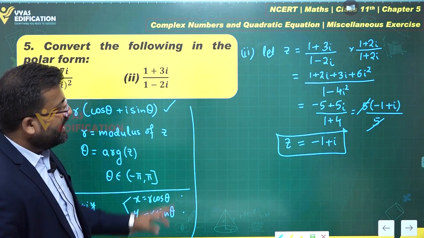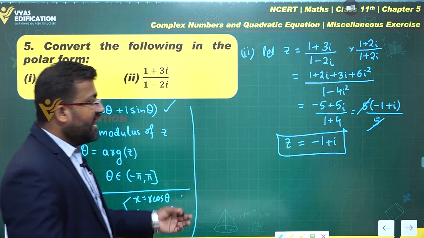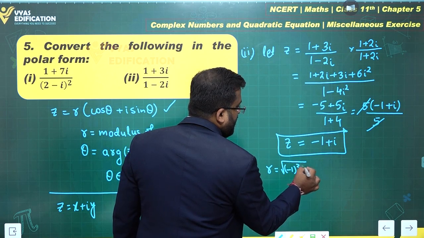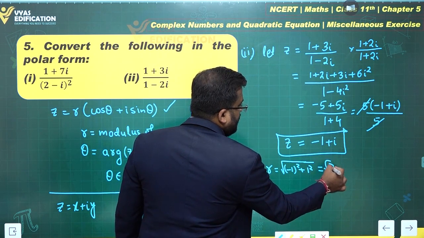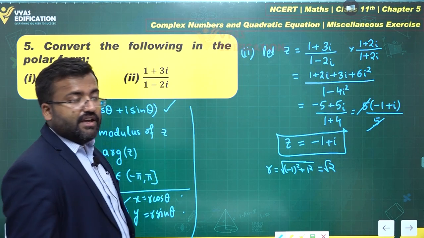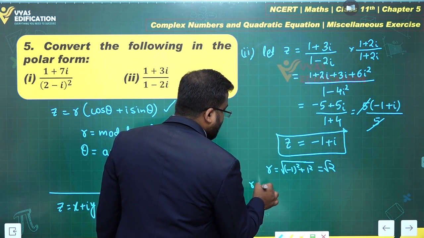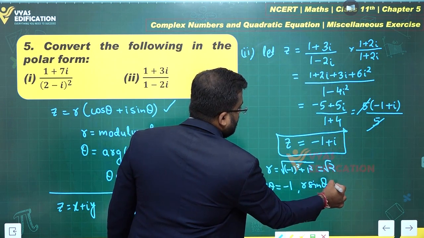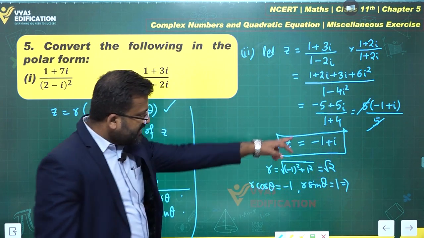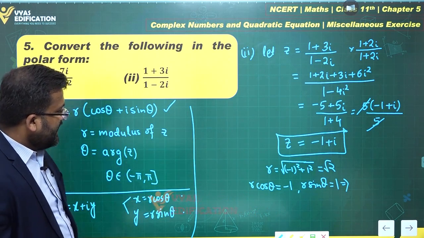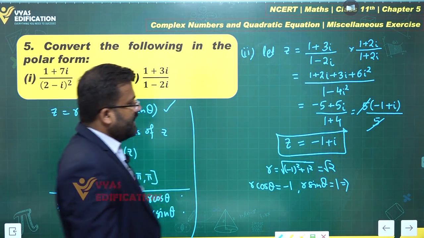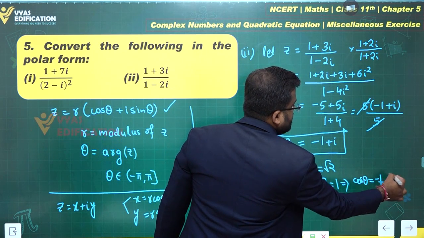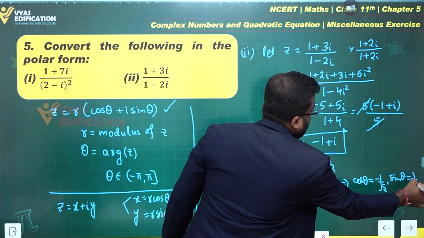Represented differently, but they are actually the same z, and for this z also r would be equal to square root of minus 1 square plus 1 square, which is square root of 2. And r cos theta equals minus 1, r sin theta equals 1, implies cos theta is minus 1 by root 2, sin theta is 1 by root 2.